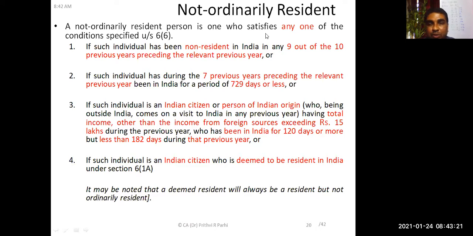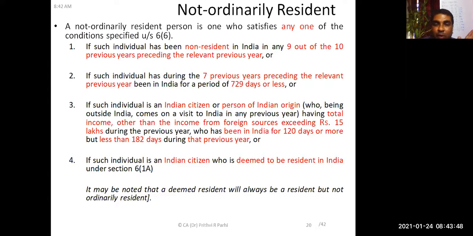So, friends, what are we discussing? We are discussing how to know whether the person is not ordinarily resident. First, we have to know whether he is resident or not. Once he is resident, if he is an individual, you have to test whether he is ordinarily resident or not ordinarily resident. And this particular subsection says that any one of these conditions has to be satisfied if you want to call that person not ordinarily resident.